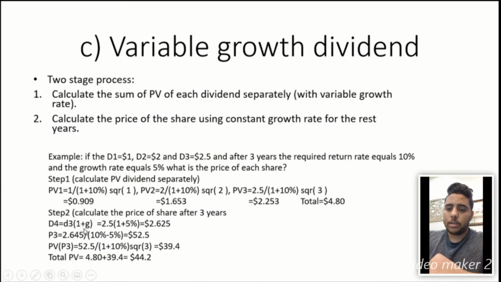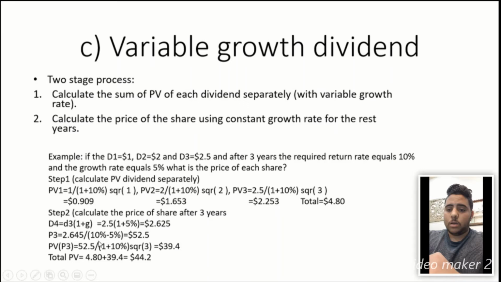We use it to get the price of the shares at the third year. Then we divide it by 10%, the return rate, minus the growth rate. So 10% minus 5% is equal to $52.5.